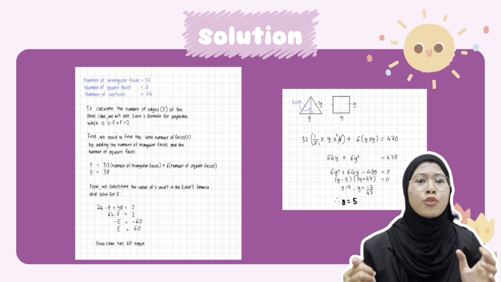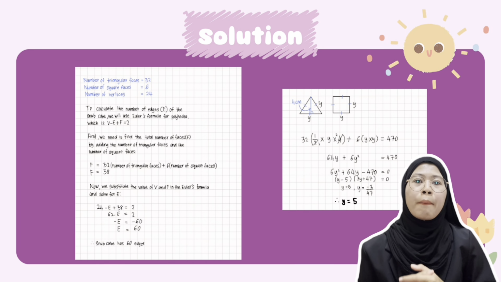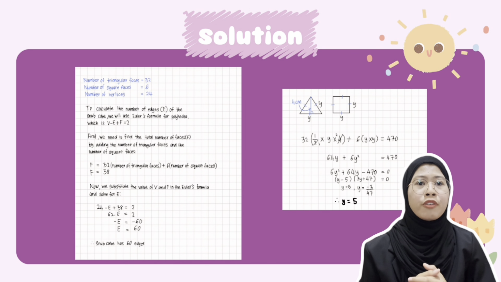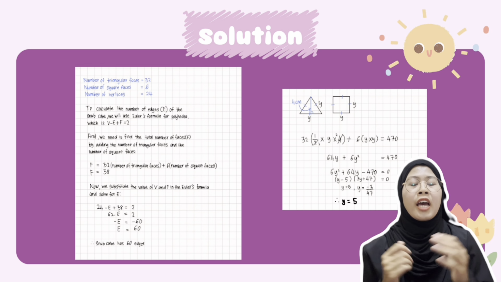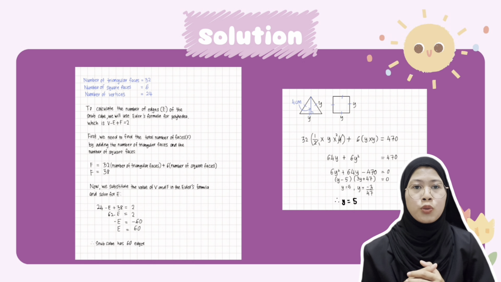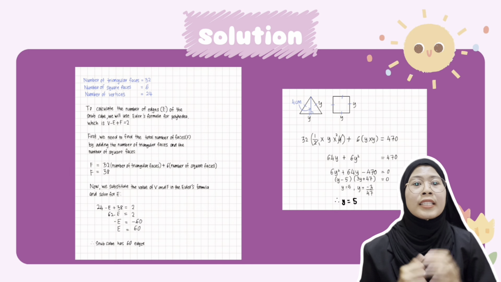First, we need to find the total number of faces, F, by adding the number of triangular faces and the number of square faces, which means F equals 32 plus 6. So F is equal to 38.